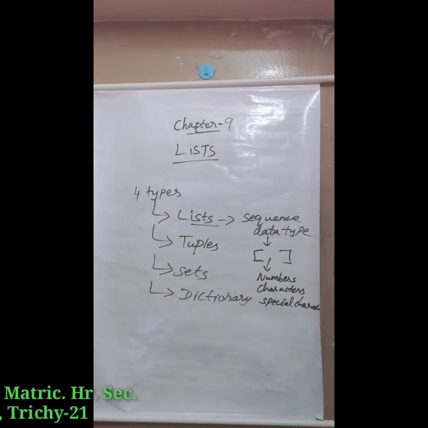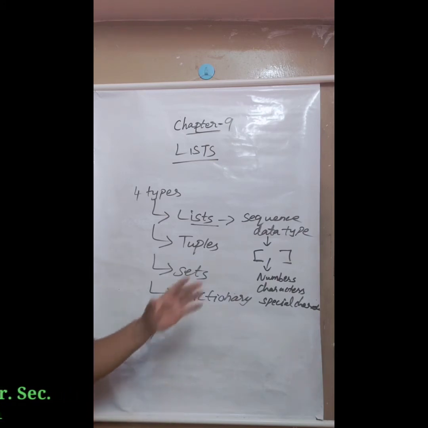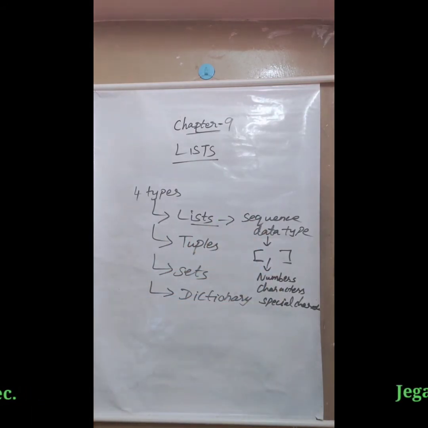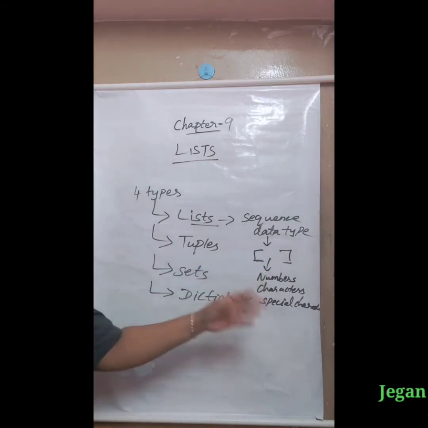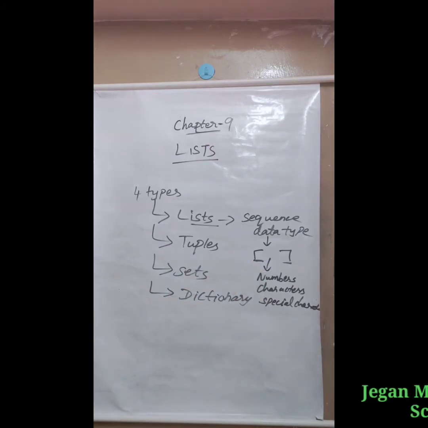An array is used to hold several values, but the difference between list and array is that an array contains only the same data type, but a list can hold any data types. It can be a number, character, letters, anything. You can store any data type.